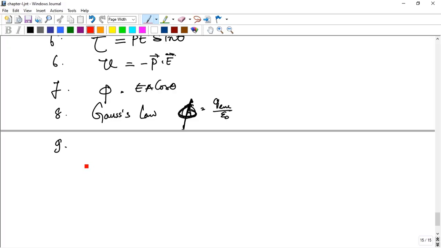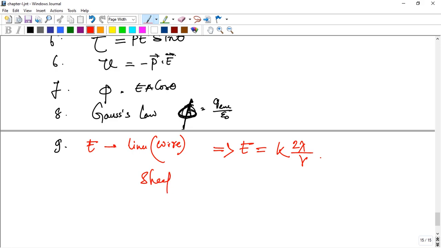First, the electric field due to a wire or line charge: E equal to K 2 lambda by R. For a sheet, a 2D sheet, E equal to sigma by twice epsilon naught.